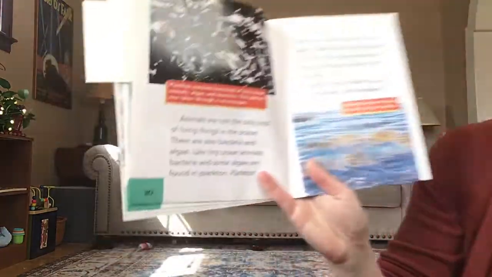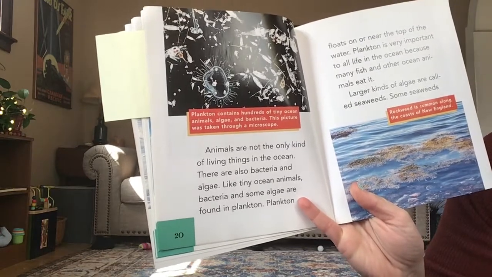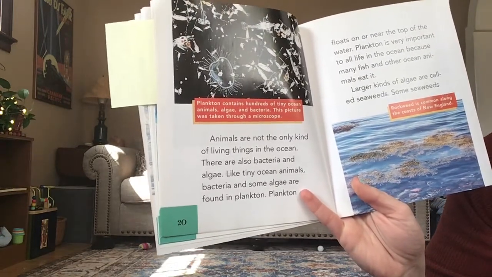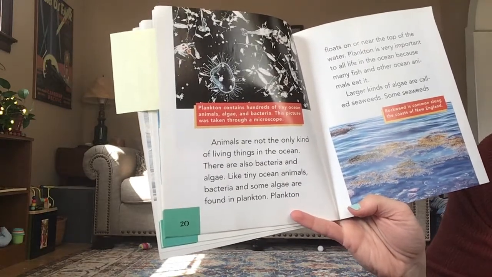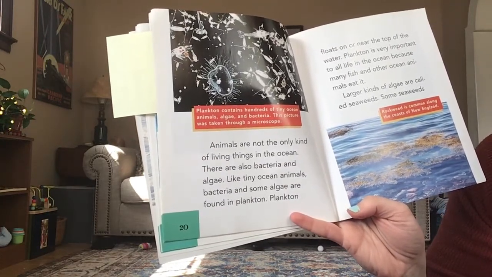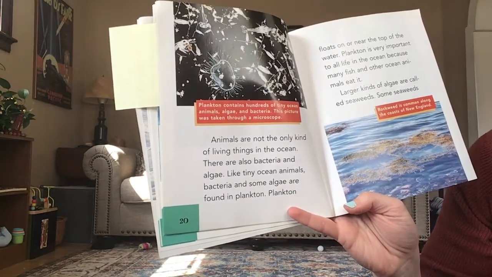Now we're moving on to kind of the last chunk that I noticed in this chapter. As we read, I want you to think, what's this next sort of section all about? It says, animals are not the only kind of living things in the ocean. There are also bacteria and algae. Like tiny ocean animals, bacteria and some algae are found in plankton. Plankton floats on or near the top of the water.